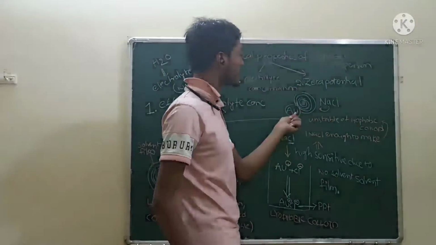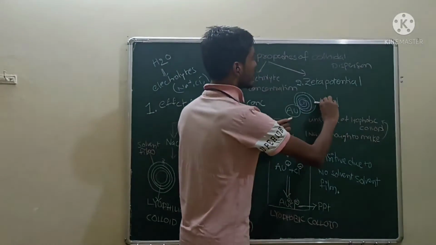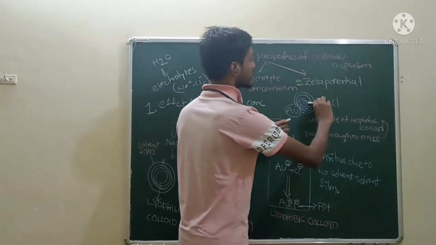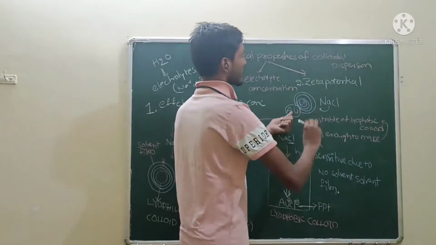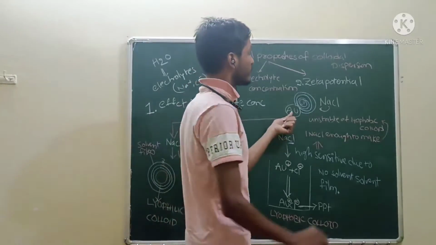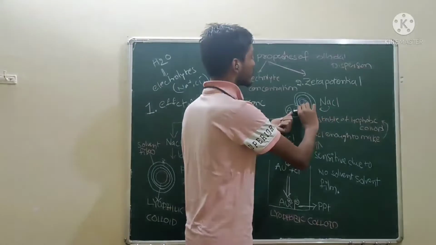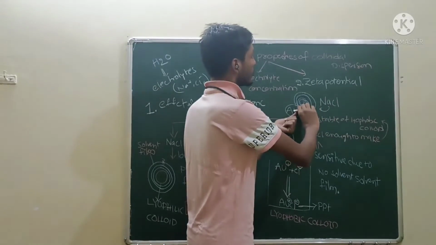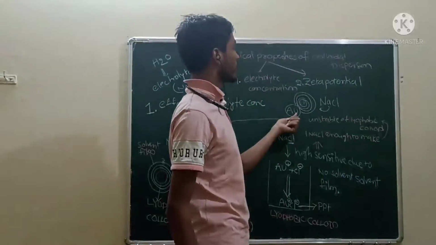First the NaCl touches these layers, and after that it reaches the lyophobic colloid. So to make the lyophobic colloid unstable, it first needs to overcome the lyophilic colloid.